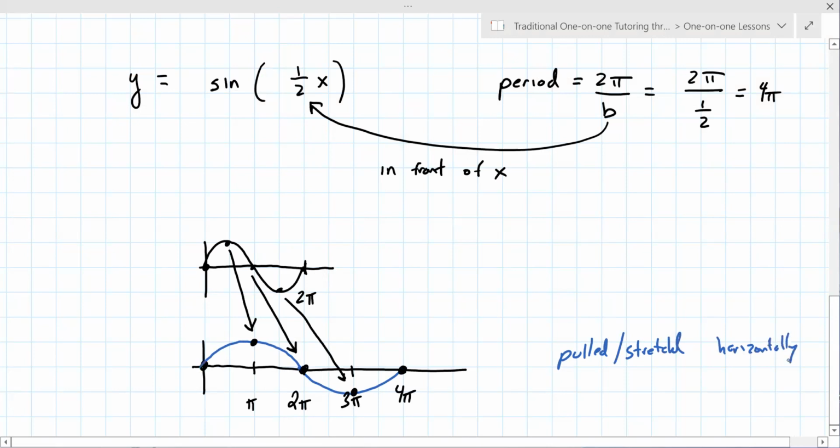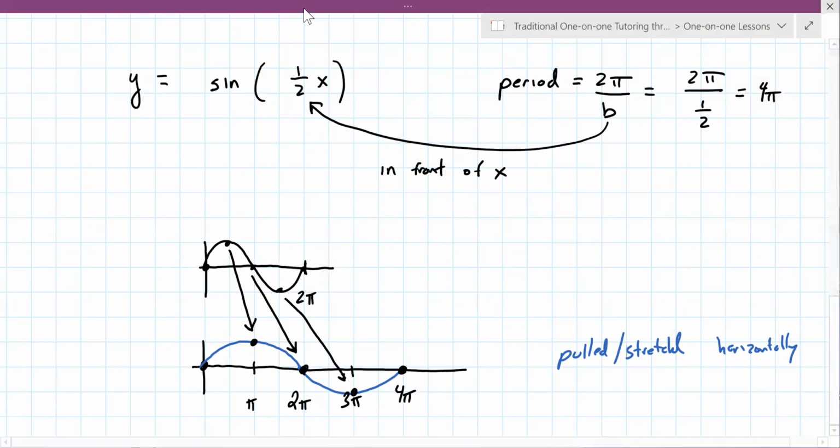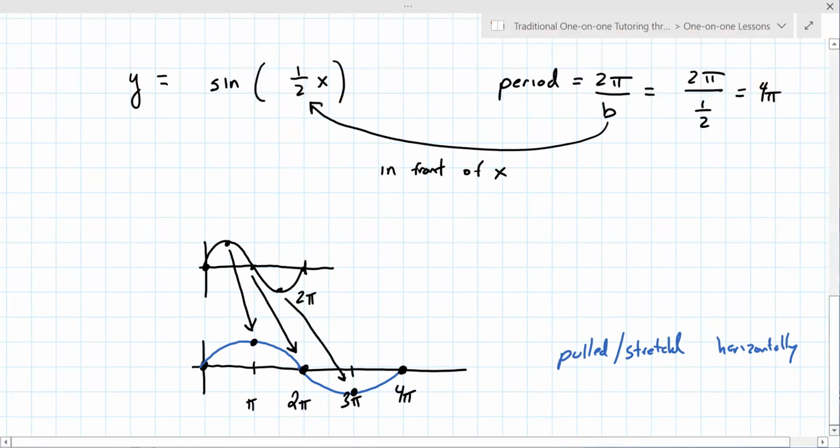So if it's a fraction, does it always stretch? Yes. Okay. But in full disclosure, the way I will tell you to graph these things, they're all going to kind of look the same. They only look stretched when you have the parent function there to compare it to.